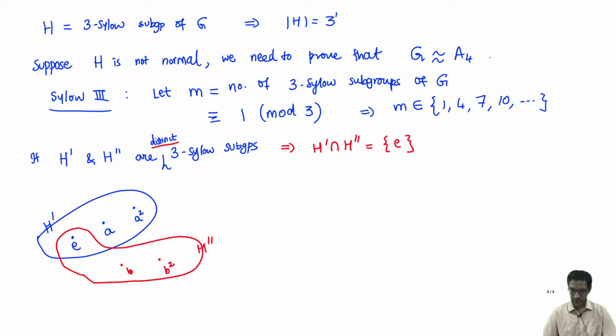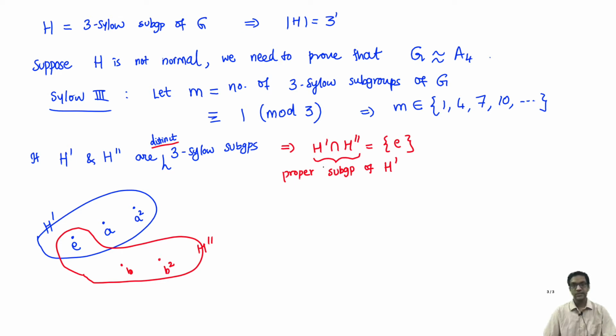Okay, why is this? Because their intersection is after all another subgroup, right? The intersection of two subgroups is a subgroup, and this is a subgroup of both H prime and H double prime. It's got to be a proper subgroup because H prime and H double prime are two distinct sets, or they are not equal to each other. So this intersection has to be a proper subgroup of H prime.